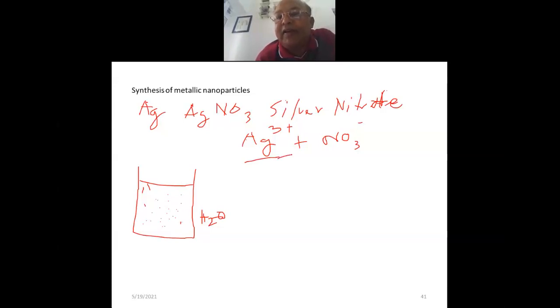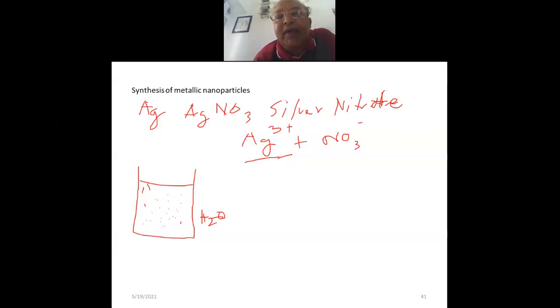That means this is not a neutral silver atom. There are 3 units of positive charge. Where do these 3 units of positive charge come from? This is because of the absence of 3 electrons, because these are ionic situations.